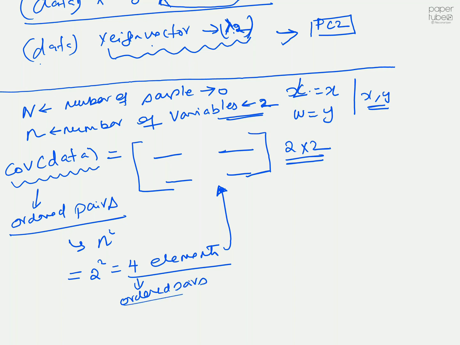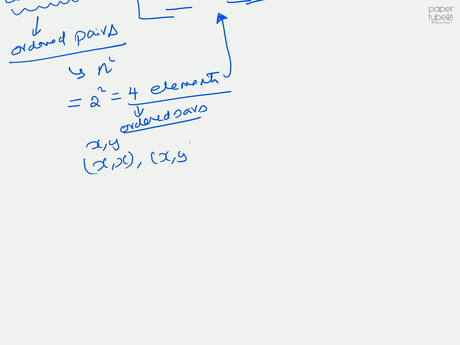What do you mean by ordered pairs? Since you have x comma y, you can get 4 ordered pairs, which are x comma x, x comma y, y comma x, and y comma y.